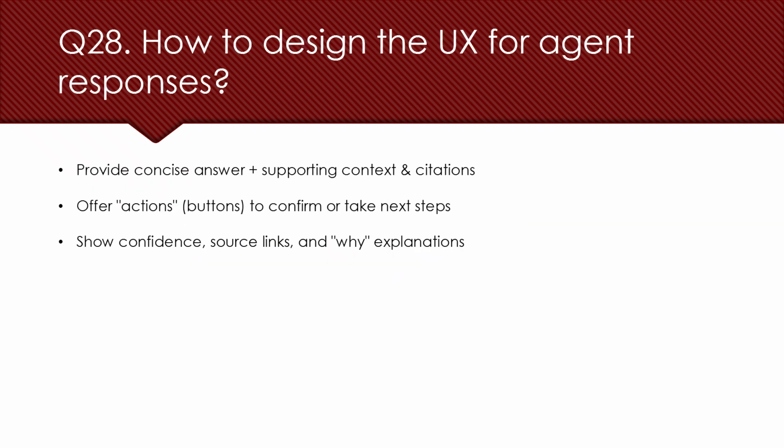Okay. Question number 28. How to design the UX for agent responses. When we talk about the output of our agent, presentation matters. We should prefer a concise, short answer, followed by supporting context and a list of sources the model used, that is, citations.